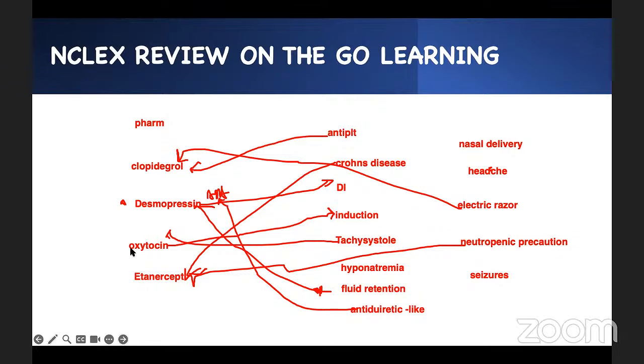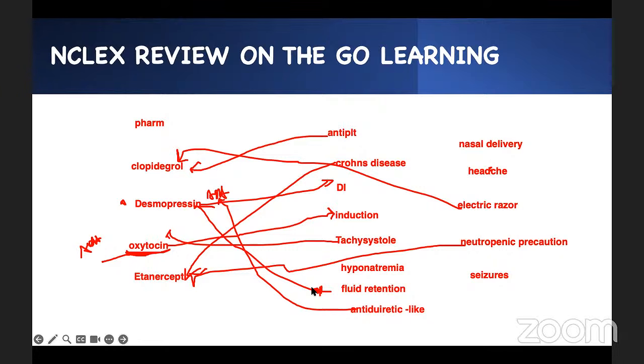But remember, Pitocin is a form of ADH. It acts like ADH. If somebody is on Pitocin, you need to put a Foley in because they're going to pee. All the water they have retained during induction, they're going to pee everything. So Pitocin can cause fluid retention.